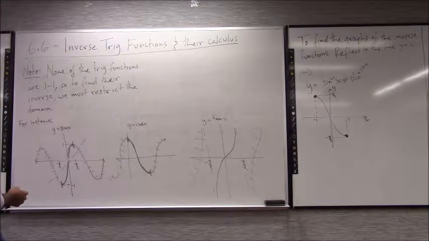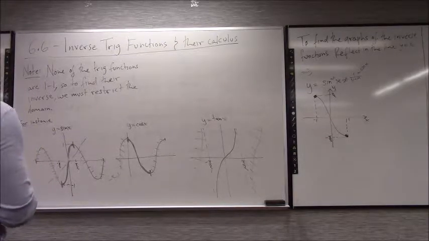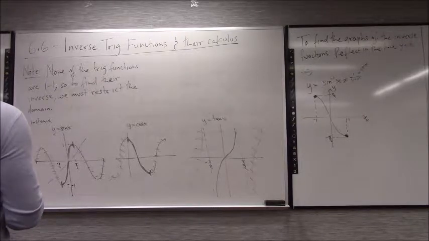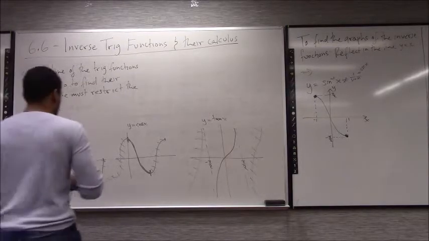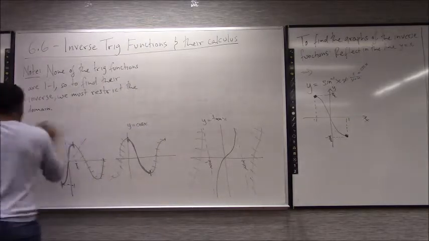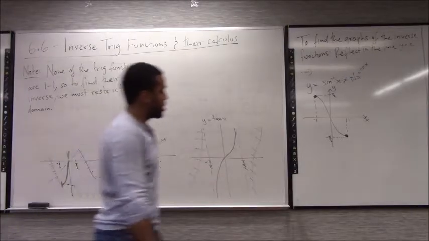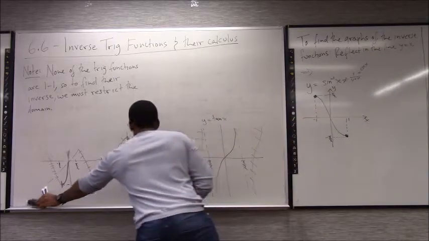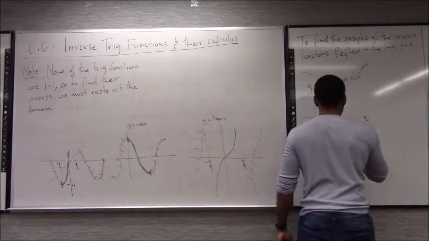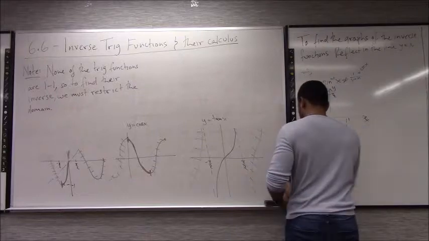Is that what that looked like? Did I draw cosine inverse? I think I flipped in the y-axis, not the line y equals x. Yeah, because it should map this way.